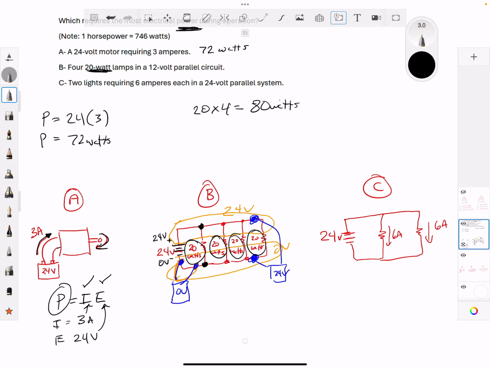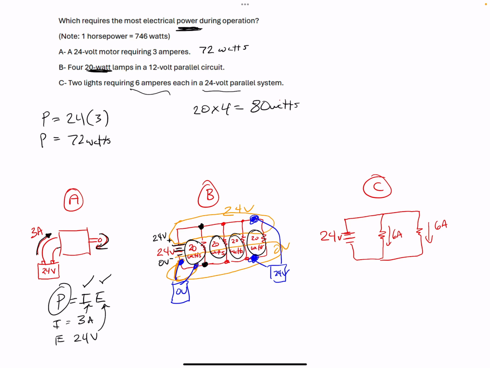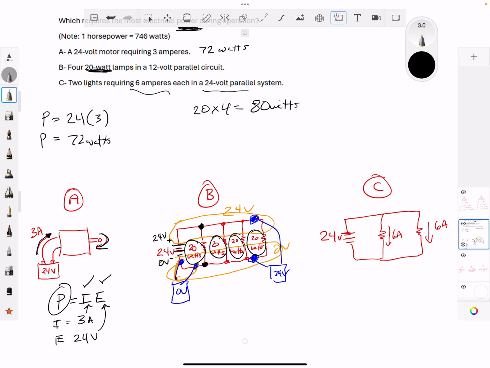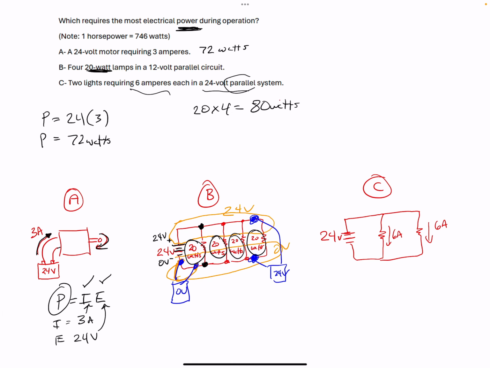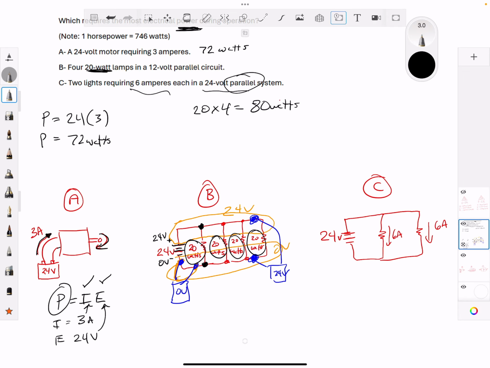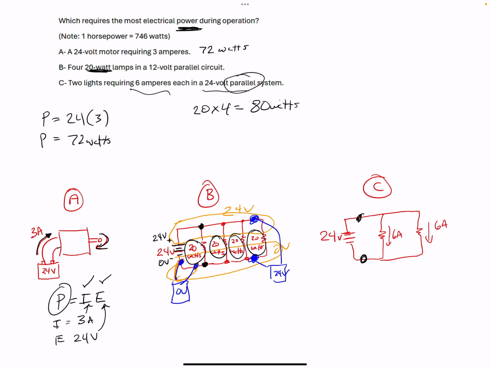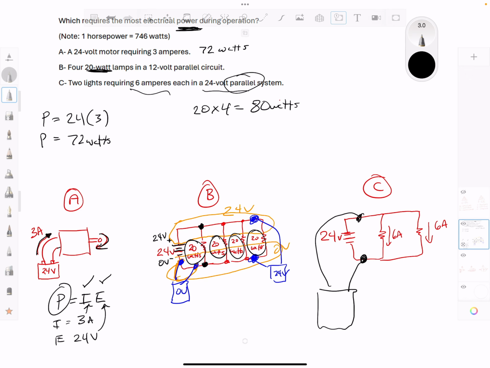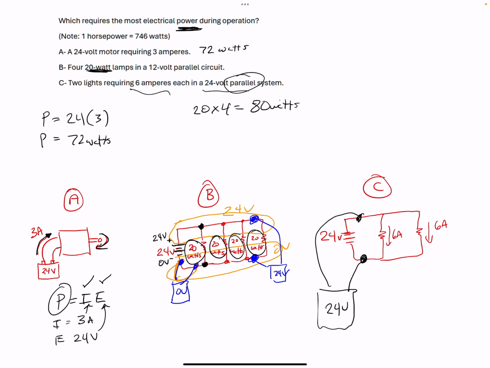Okay, so then we have scenario 3. We have 2 lights requiring 6 amps, 24 volt system. So again, these are in parallel, right? So if I took my multimeter and put one side here, one side here, my multimeter would read 24 volts, right?